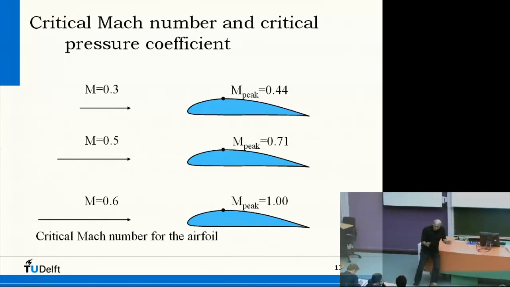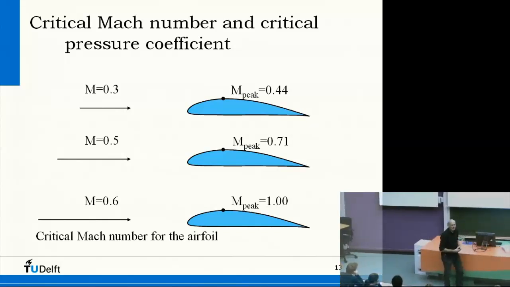Okay, but if we look at a certain airfoil and at the velocities at the upper surface, the upper surface gives super velocities, higher velocities. Pressure goes down, velocities go up. So if we have an approaching Mach number of 0.3, somewhere on the airfoil, simply because of the form, the peak Mach number is 0.44.